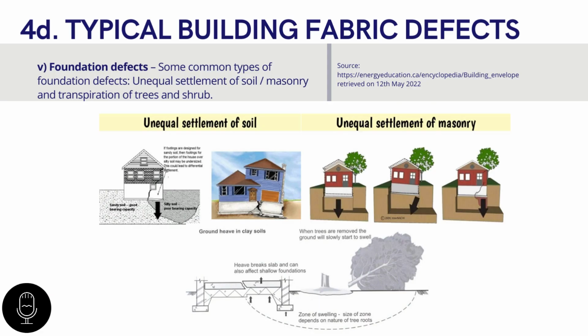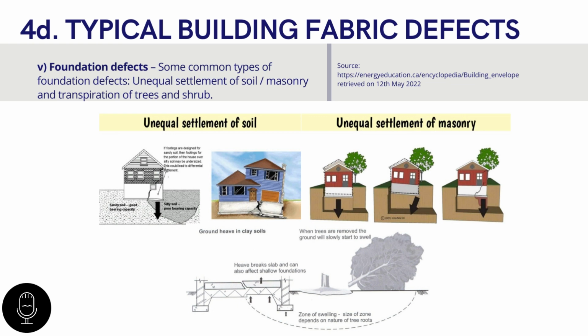Finally, we are approaching the last element in identifying typical building fabric defects. Foundation defects may cause an unstable foundation due to movement of the soil, faulty design, overloading, and natural disaster. For your information, foundation is necessary to support a building and all of its loads that are within or on it.